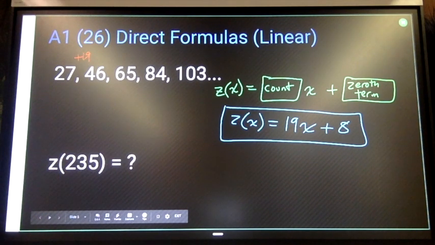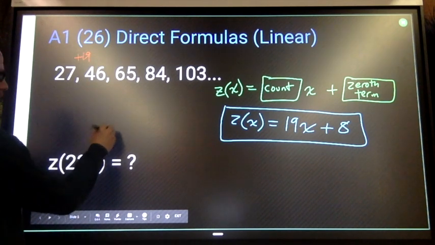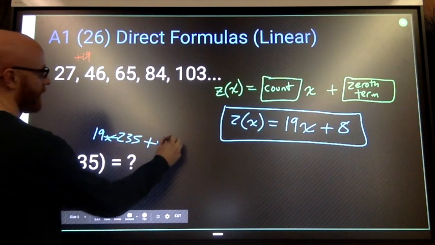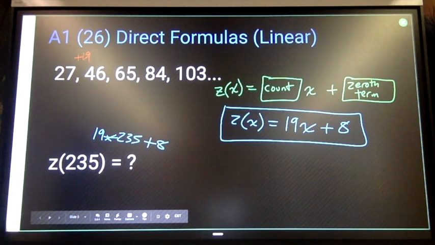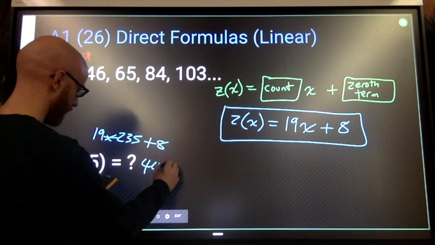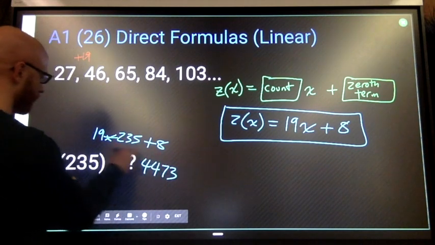What's the 235th term? 19 times 235 plus 8. Use a calculator for that. 235 times 19 plus 8 is 4,473.